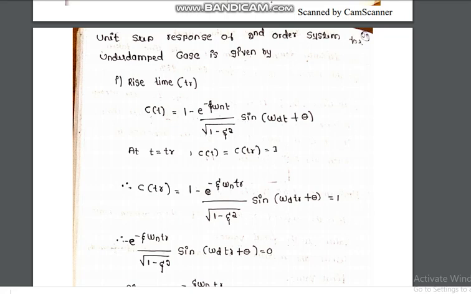Now I can cancel the 1 on the left hand side and the 1 on the right hand side. So we get minus e to the power minus zeta omega n TR divided by square root of 1 minus zeta square, sine of omega d TR plus theta, is equal to 0.